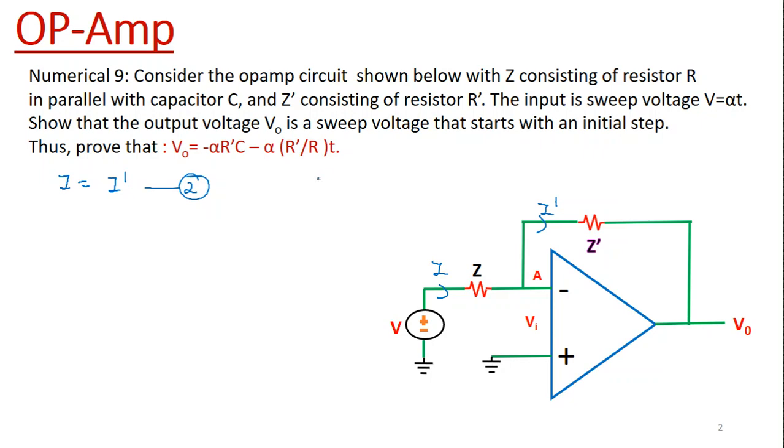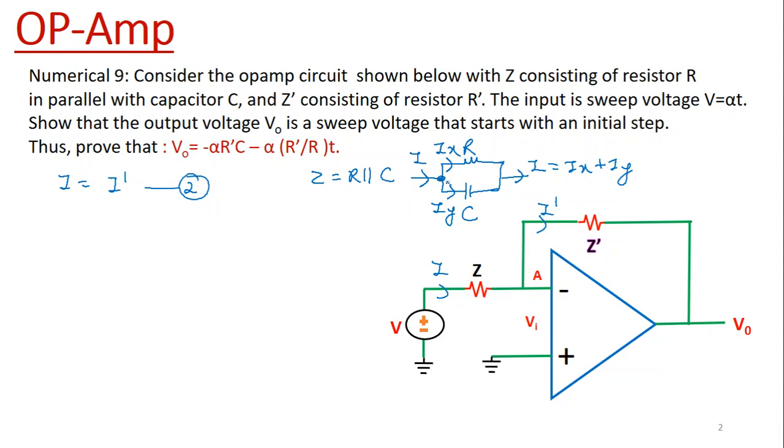Z is resistance R parallel with capacitor C. This is our resistor R and capacitor C. So the current which is entering is I and the current which is leaving is I. Let the current through resistor R be Ix and the current through capacitor C be Iy. So I will be equal to Ix plus Iy here. So for finding out I, we have to find out Ix and Iy.